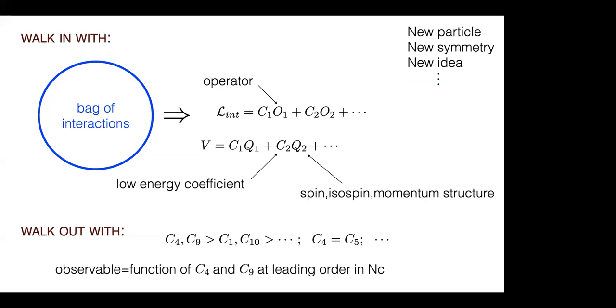And then you'll see that if you want just the leading order in NC observable, you might have a function of a very few of these low energy constants. And then you can proceed from there, whether making that calculation at leading order, which, in the absence of any experimental data, something to 10% or 30%, might be really, really helpful, or wanting to get more accurate still and doing the higher order corrections in the 1/NC expansion.